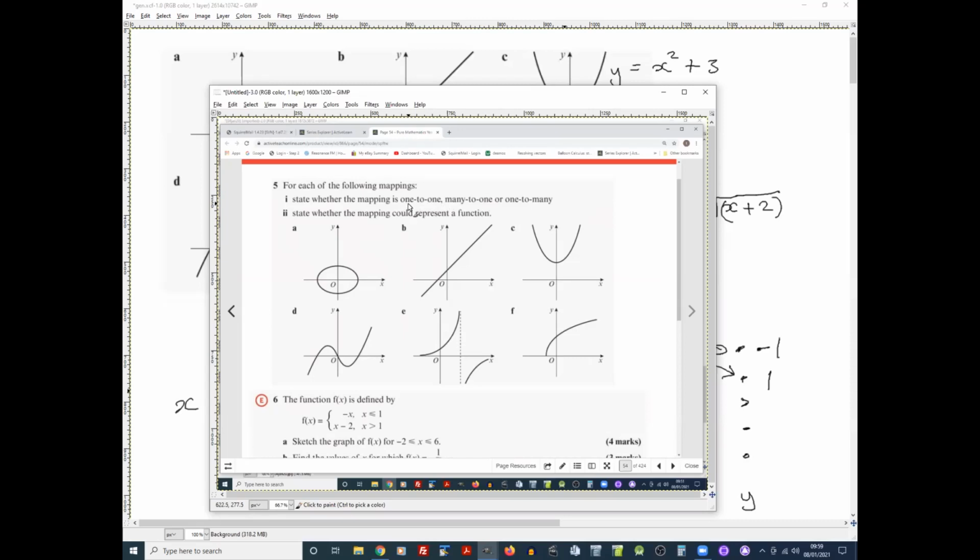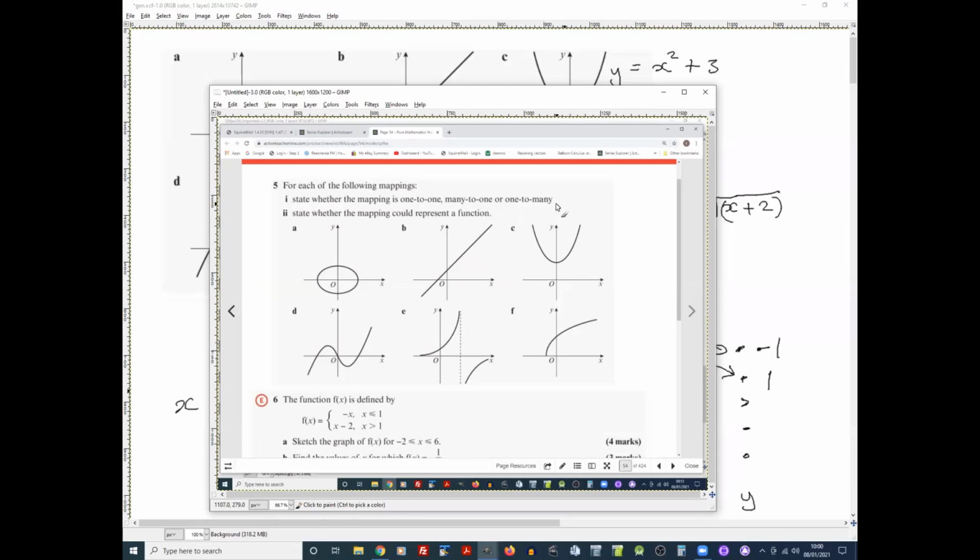Is it each single input having a single output? Is it potentially many inputs having a single output? Or could we have one single input going to many outputs?